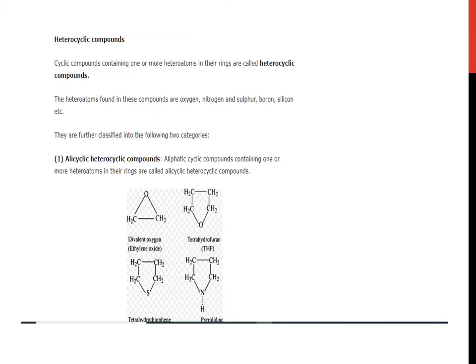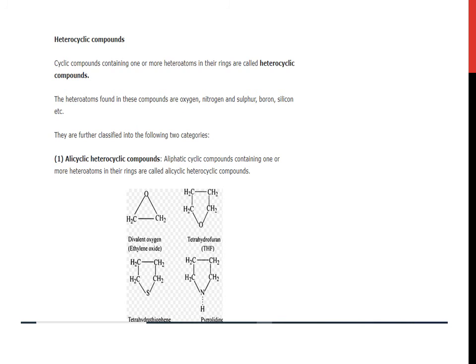Heterocyclic compounds. Cyclic compounds containing one or more heteroatoms in their rings are called heterocyclic compounds. The heteroatoms found in these compounds are oxygen, nitrogen and sulfur, boron, silicon, etc. They are further classified into the following two categories.